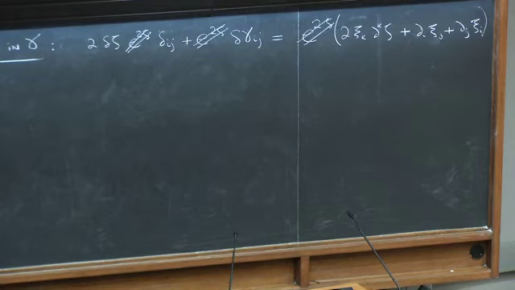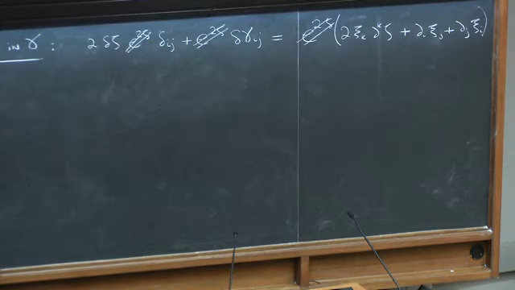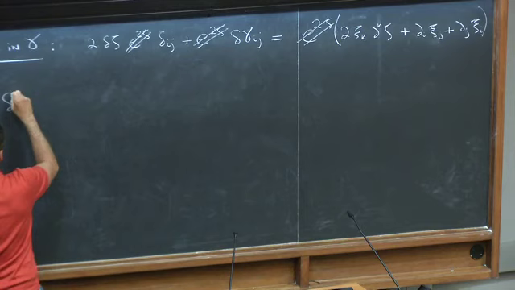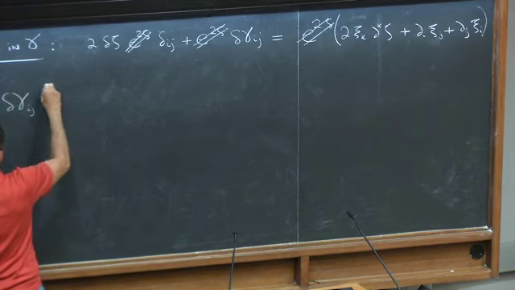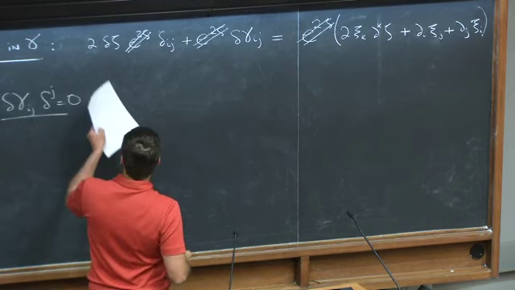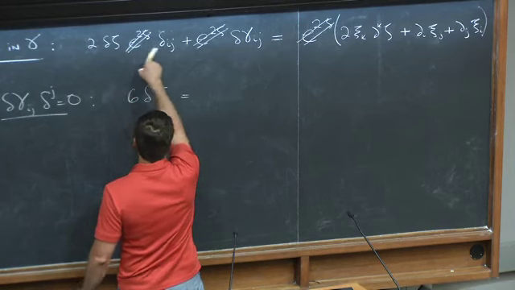Then we can isolate delta zeta and delta gamma. Let's take the trace of this expression, using the fact that delta gamma, being a tensor mode, has vanishing trace. So this guy is 0. If we use this fact, I'm going to be left with 6 delta zeta from the trace of this guy.